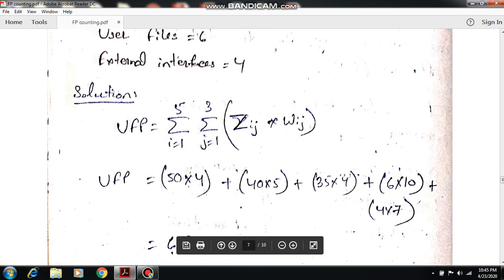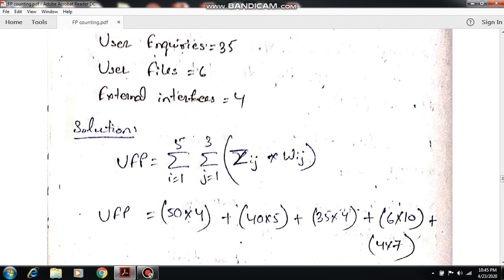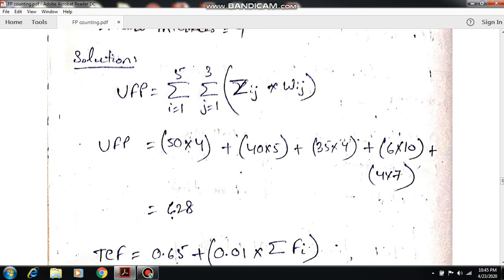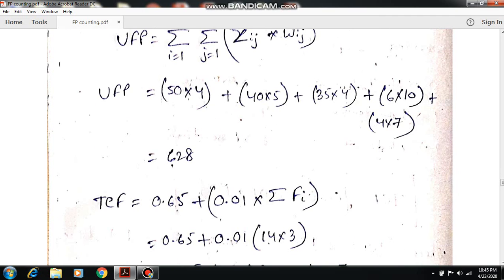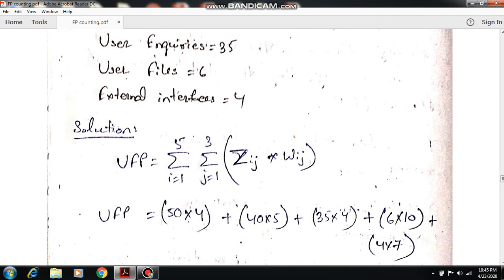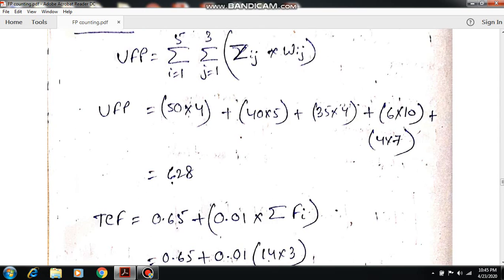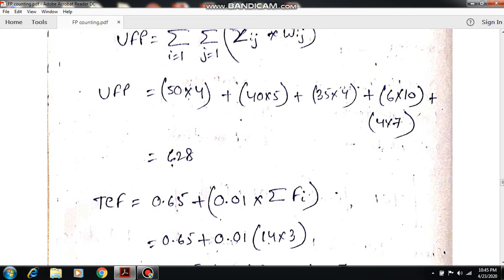User output is 40 multiplied by 5, the weighting factor based on the rank of average. Next is inquiries, 35 multiplied by 4 again, and 6 multiplied by 10 because the user file weighting is 10, and 4 multiplied by 7 because the external interfaces weighting is 7. So summing up, the value is 628.